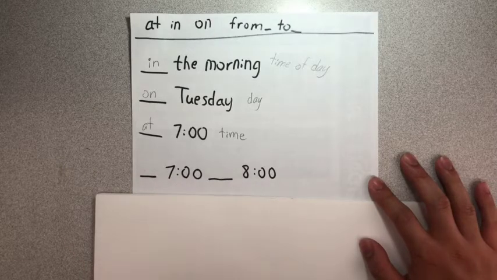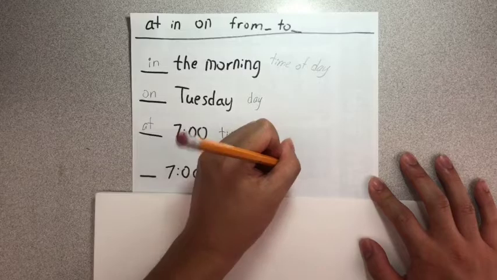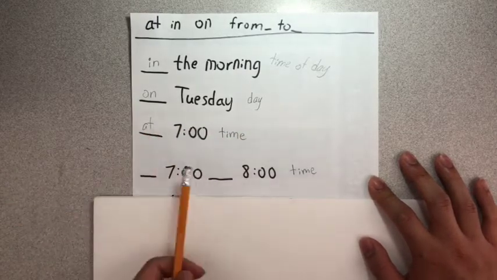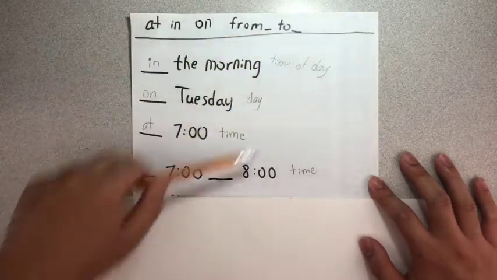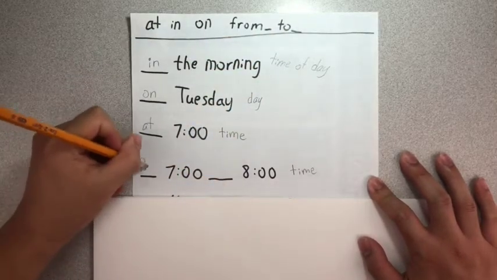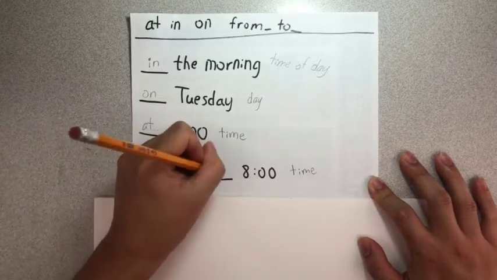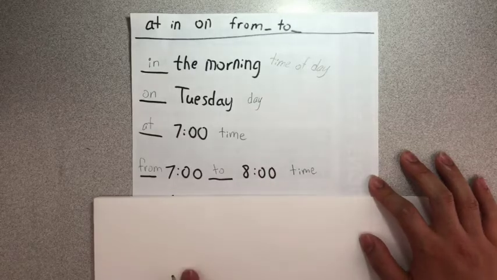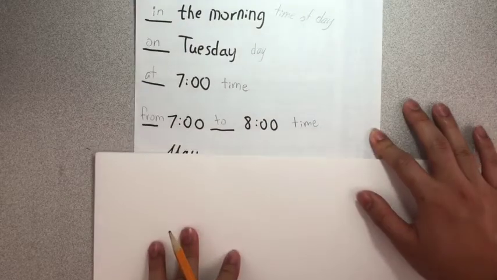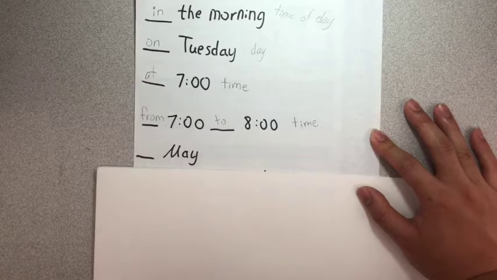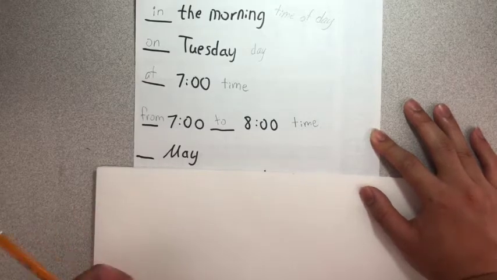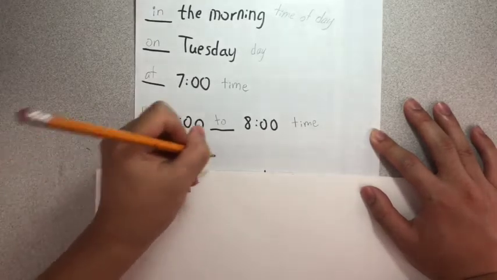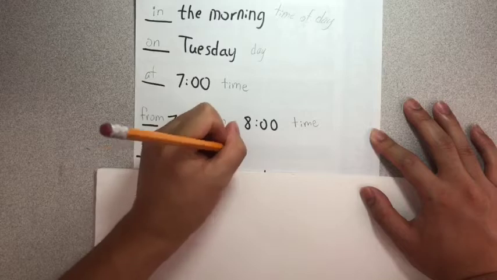Seven, 8. Again, this is time. But because there are 2 of them, we use from to. From 7 to 8. May. What word goes with May? May is a month.